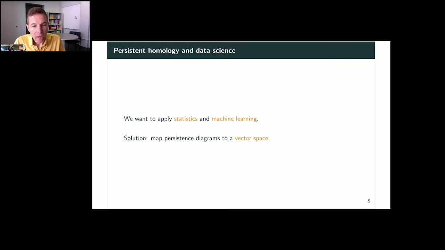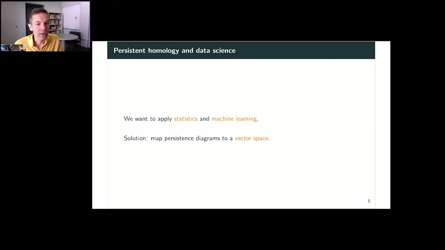All right. Now, we really want to do data analysis. So we'd like to be able to apply tools from statistics and machine learning. Now, if we work with barcodes and persistence diagrams, it is possible to do data analysis. There are some things that one can do. However, it is somewhat difficult, and the amount of statistics and machine learning we can do is somewhat limited.